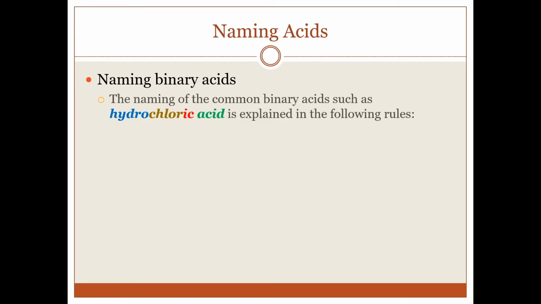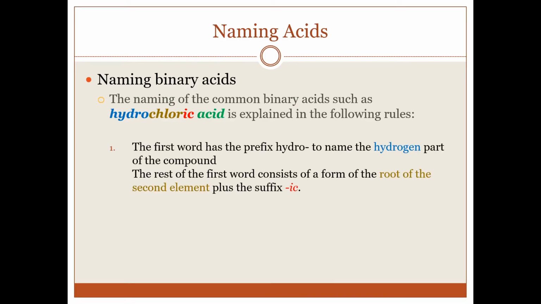The naming of common binary acids, such as hydrochloric acid, is explained with the following rules. So the first word has the prefix hydro to name the hydrogen part of the compound. The rest of the first word is going to consist of the root of the second element plus the suffix ic.